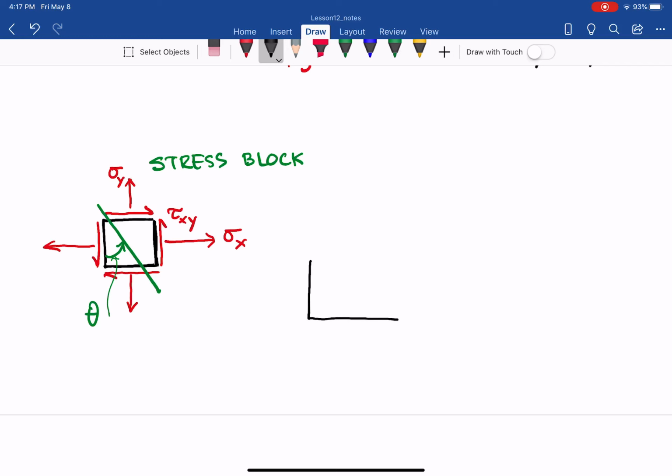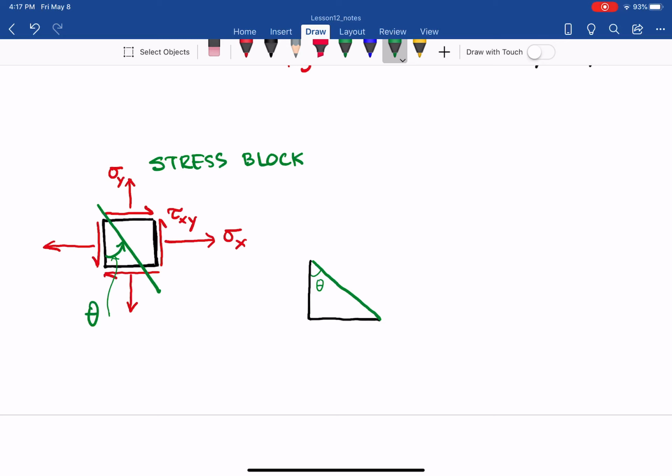And you have the new plane that you cut through and form an angle theta at that point.